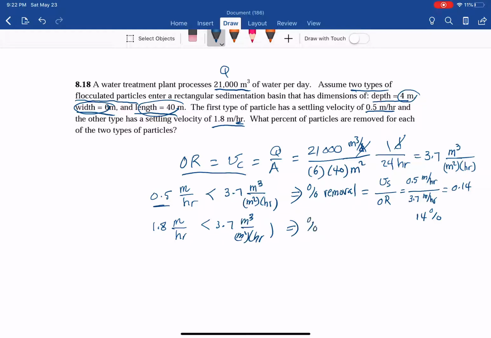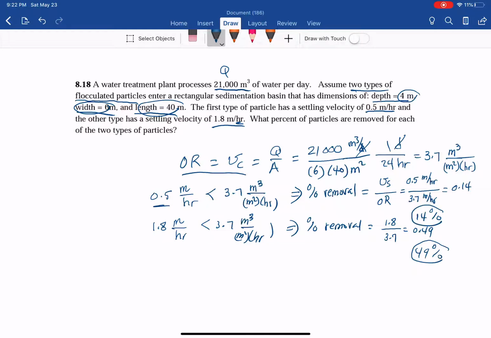The percentage removal of the second particle is equal to Vs, 1.8 over 3.7. The critical velocity is the same for both, and that would give you 0.49, which means 49% of particle number 2 will be removed, will be sedimented at the bottom of the tank, while the rest will still be suspended.